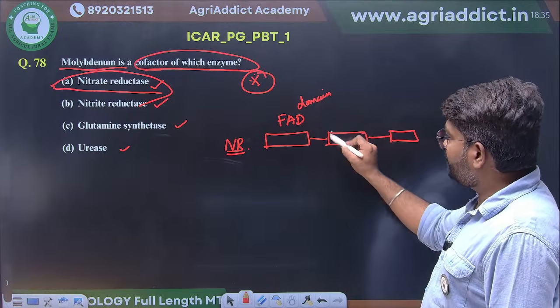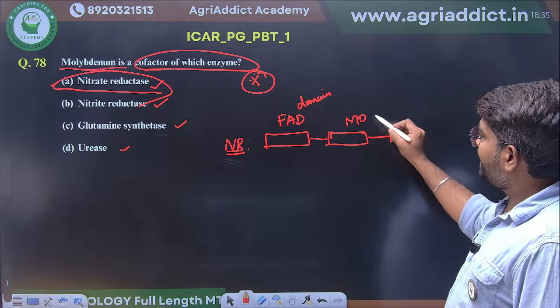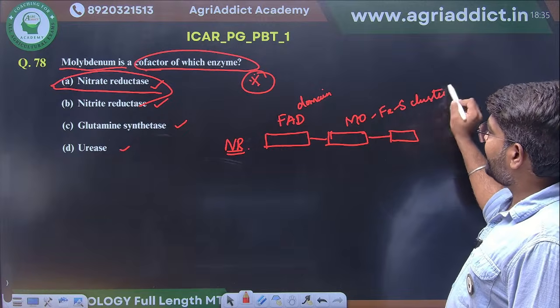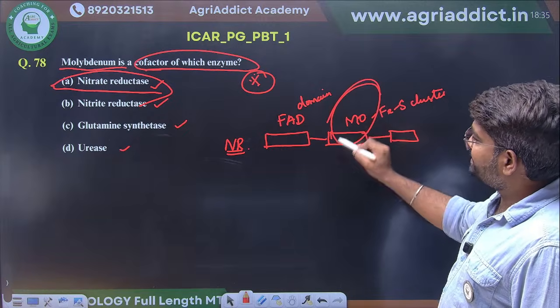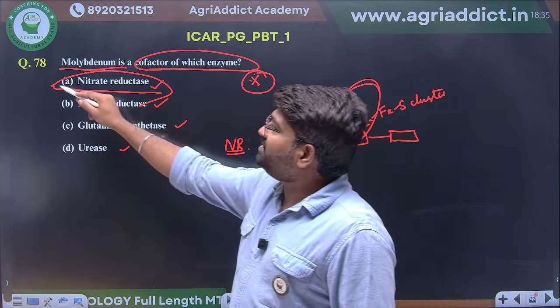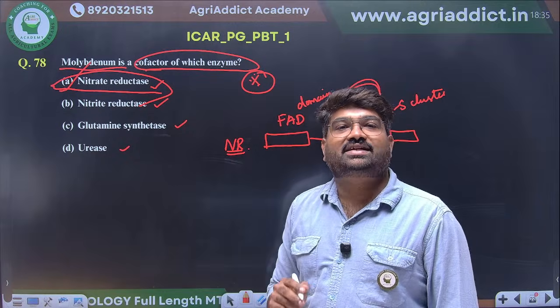Then what will be there? Molybdenum domains will be there. Molybdenum iron sulfur clusters also will be there. So we can see in the structure itself there is molybdenum. So only nitrate reductase will have molybdenum in its structure.